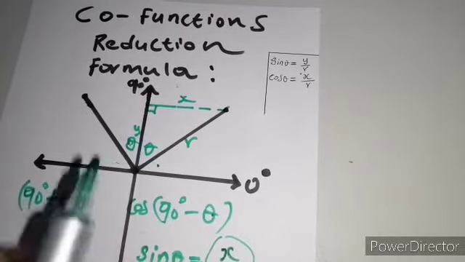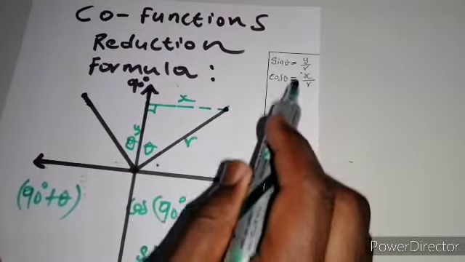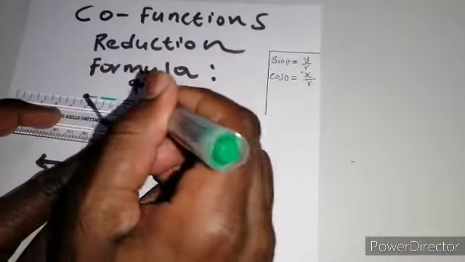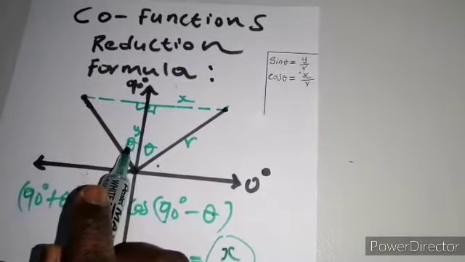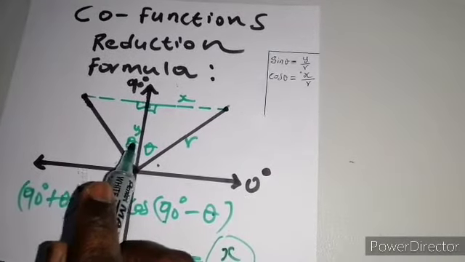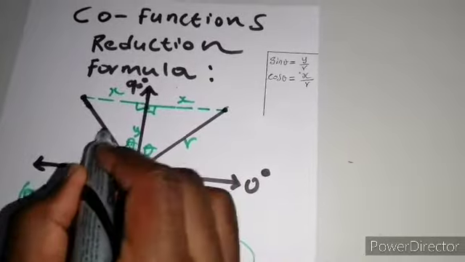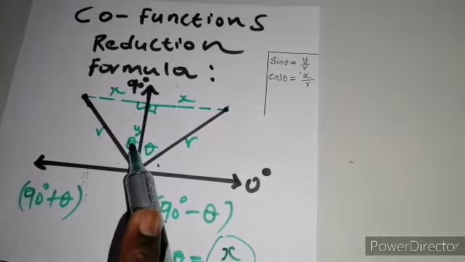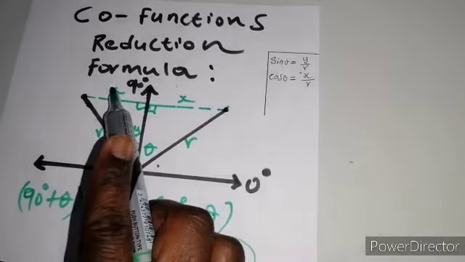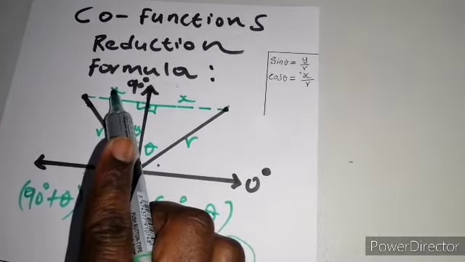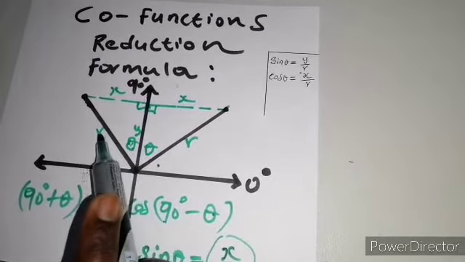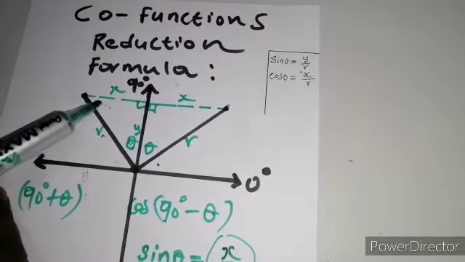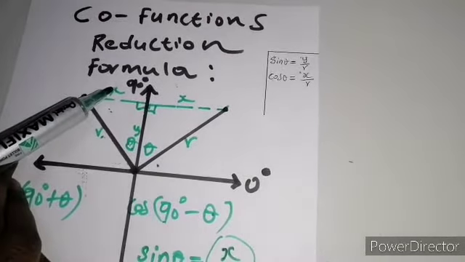When we join, we are forced to join the y-axis here so that we include that angle, 90 plus theta. Now the very same thing I explained applies. Let's find the sine of theta. In this case, it is opposite divided by hypotenuse, which is x over r. And when we choose 90 minus theta, it will be x over r.